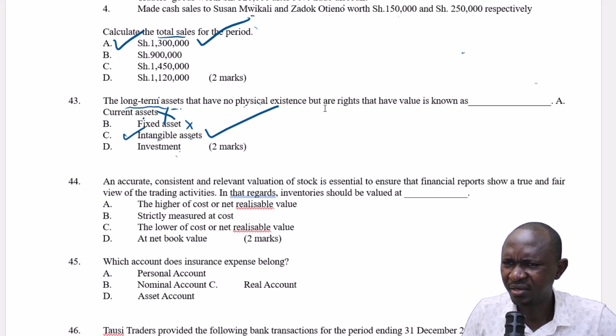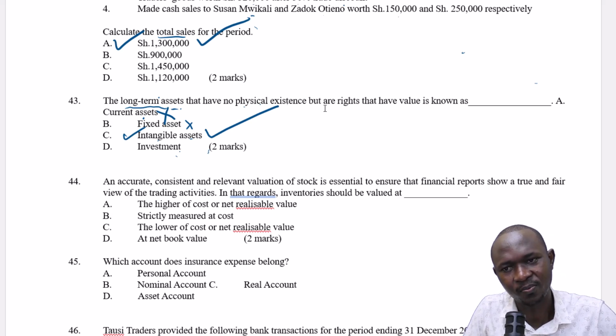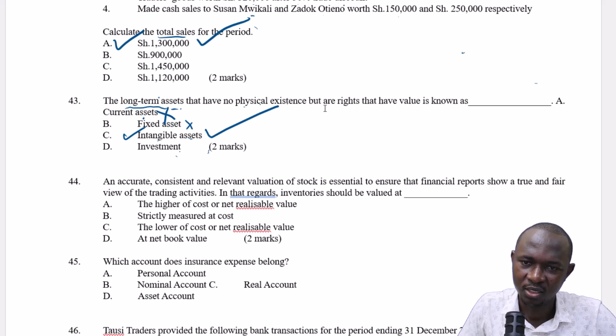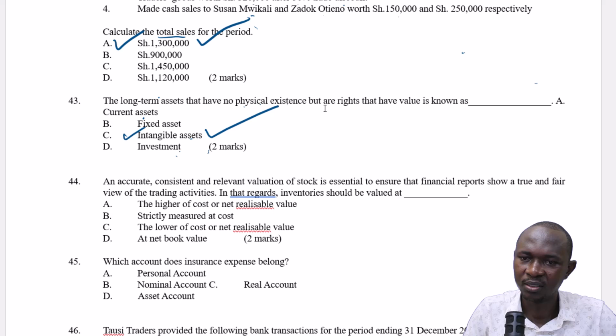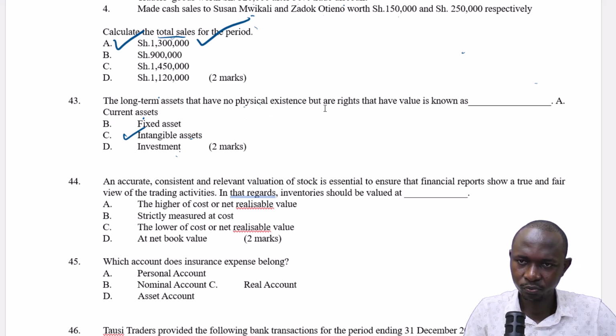But to be on the safer side and to answer this question, no physical existence, but are rights, intangible assets. That's very straightforward. So for 43, the answer is C. Let's proceed.